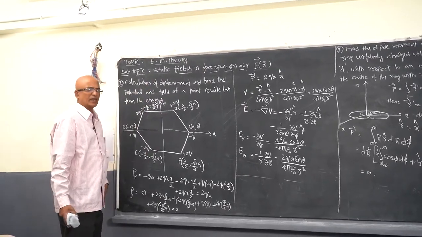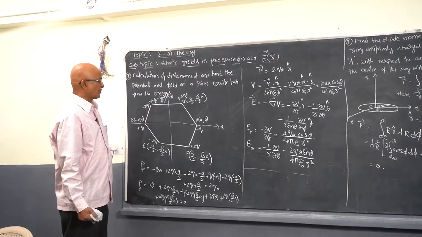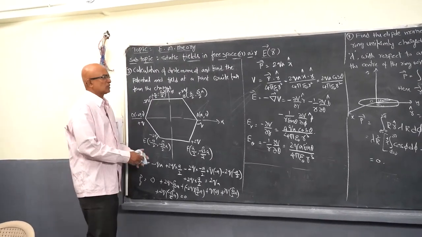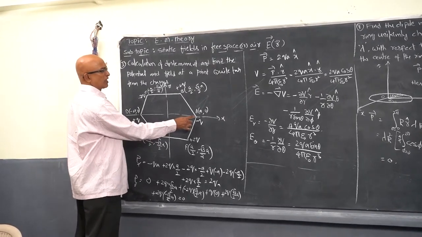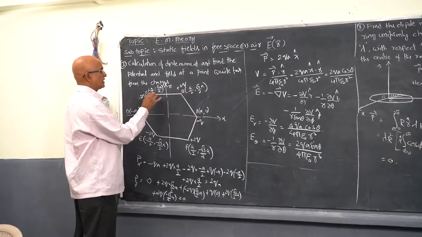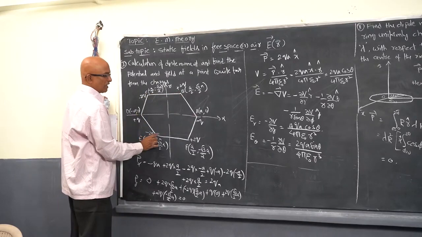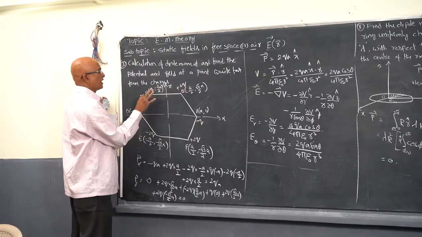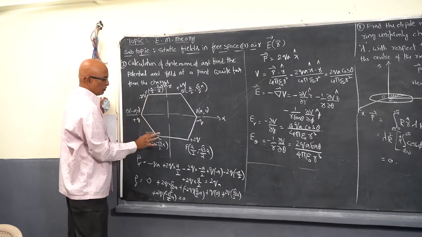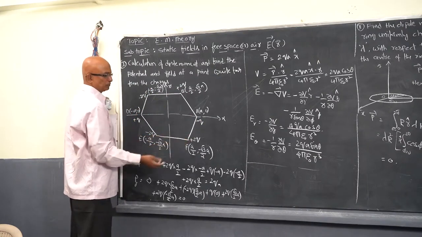The charges are at the vertices of the hexagon, at corners A, B, C, D, E and F: minus Q, plus 2Q, minus 2Q, plus Q, minus 2Q and plus 2Q.